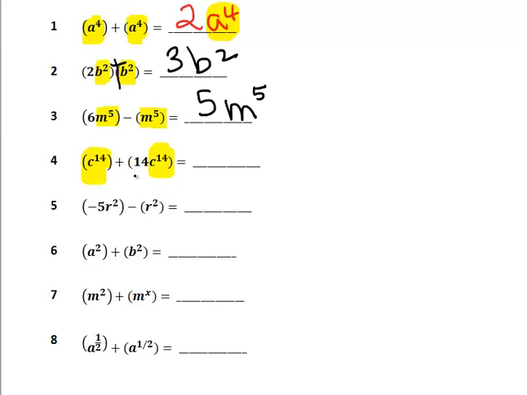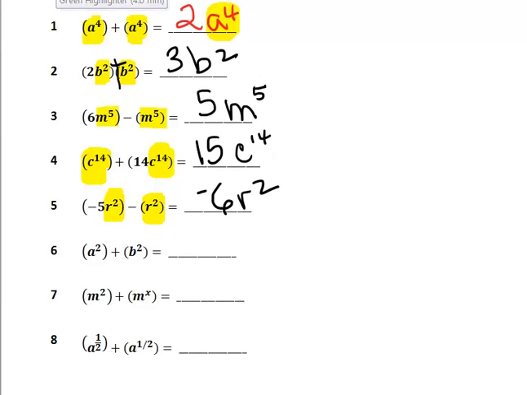So 1 of those plus 14 of those would be 15 of those. Next one, do I have a match? R to the second, R to the second, good. And here I have negative 5 of those plus another negative, so I'll have negative 6r squared.